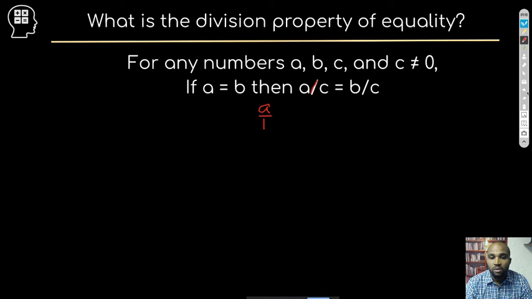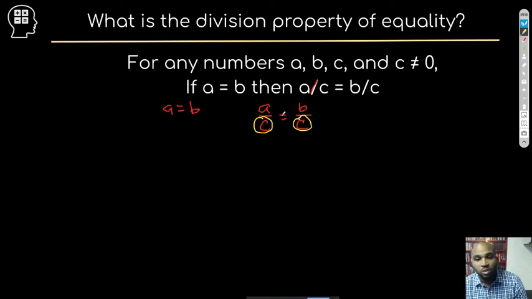So a divided by c is equal to b divided by c. They're saying that if you have a equal to b and you divide both sides by c, you have changed nothing in the value of that equation, because you did the exact same thing, in this case dividing by c, on the left side as you did on the right side. If you do the same thing on the left side as you do on the right, then you can still claim that this equation is true, that both sides are still equal.